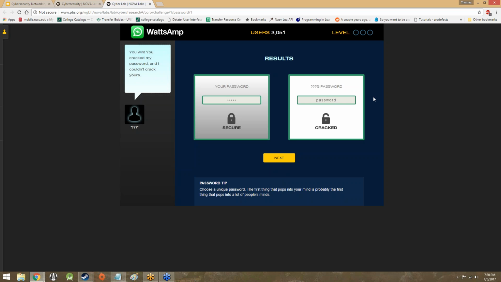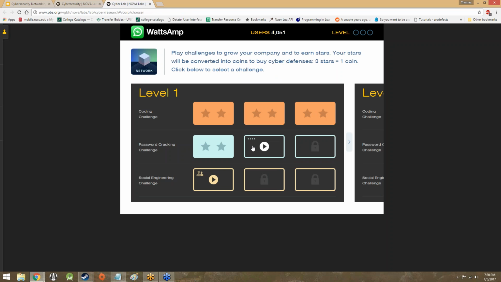See how I entered in password as the password and it was cracked. And again, this is just more to teach you about the idea that you need to also think about what sorts of passwords you're using, because the more unique passwords you have, the safer you are.